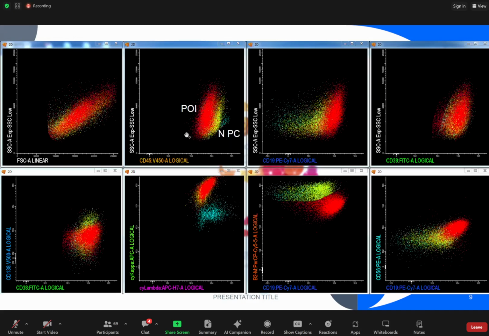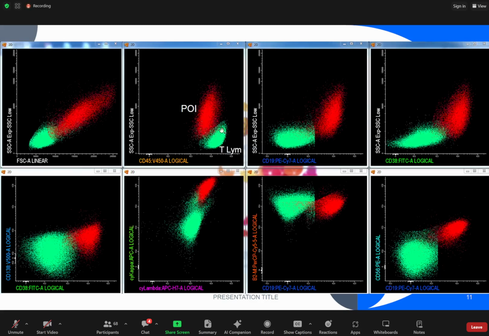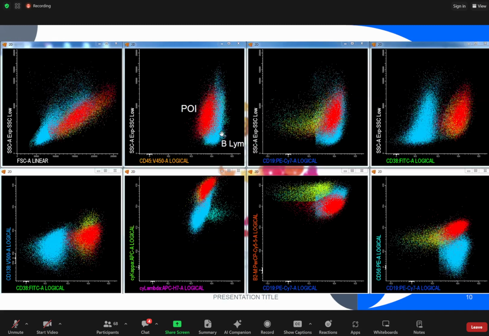So not just going to see the plasma cell, we actually try to see the whole population. If we check the B population, it seems a bit weird because under CD45, the B cells have a moderate to high side scatter compared to, for example, our T lymphocytes. Our normal lymphocytes usually have a low side scatter. And for these B cells, what we can see here is that they're not expressing both kappa and lambda.